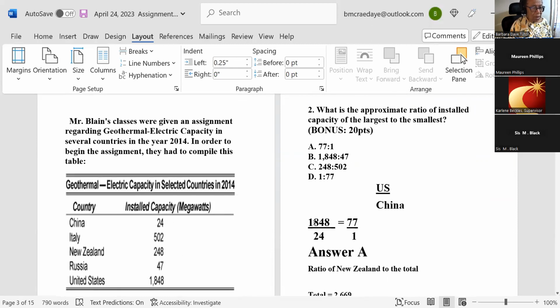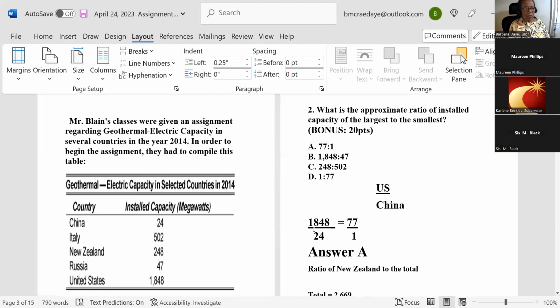So you put 1848 over 24. And Maureen pointed out that's not one of the answers. But if you divide 1848 by 24, you get 77. So that's answer A, ratio 77 to 1.